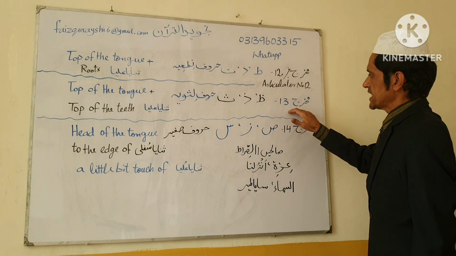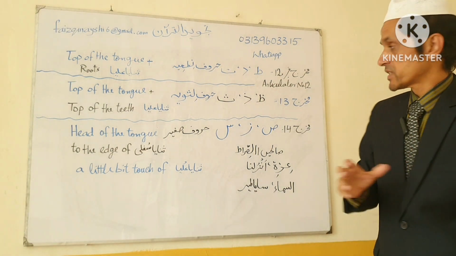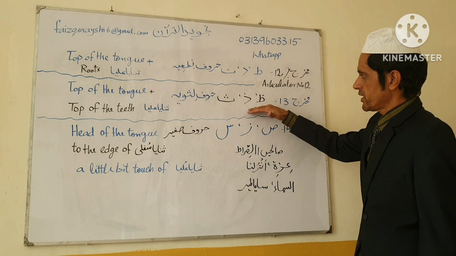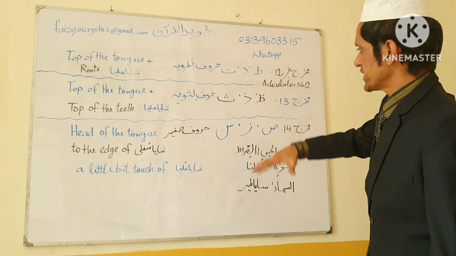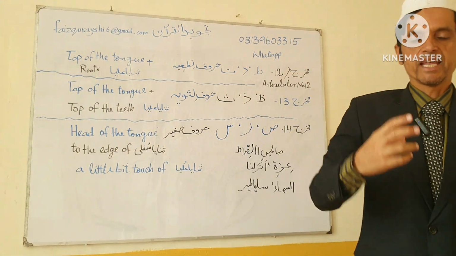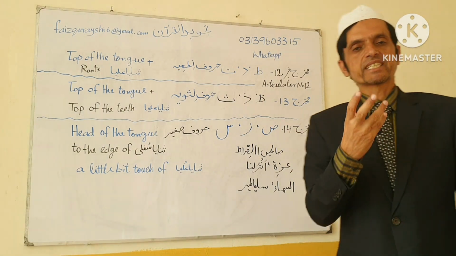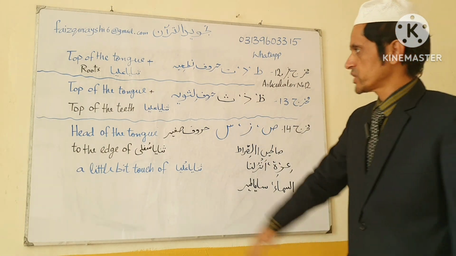Makhraj number 13, tha, zal, tha. And this is the articulation point number 13, tha, zal, tha. And the name of these letters is hurufi lathawiya, and they are three. And what is the articulation point of these three letters in the Arabic language?